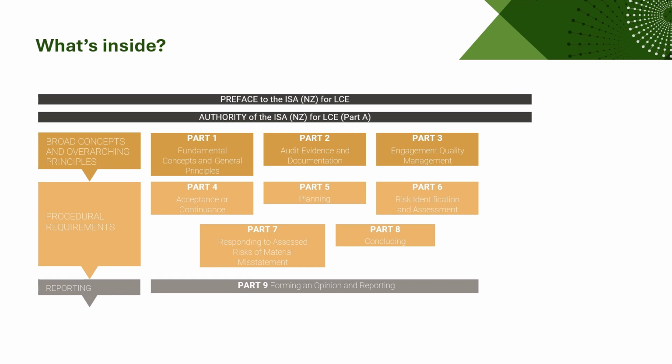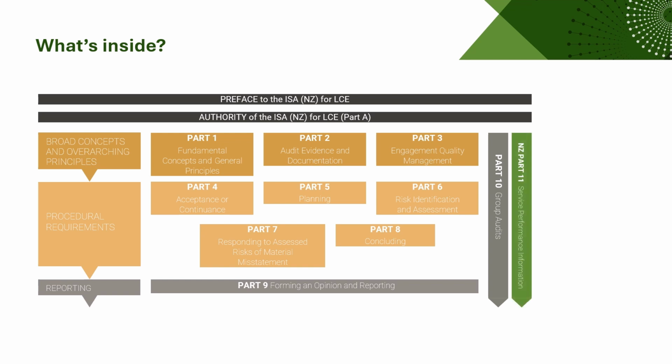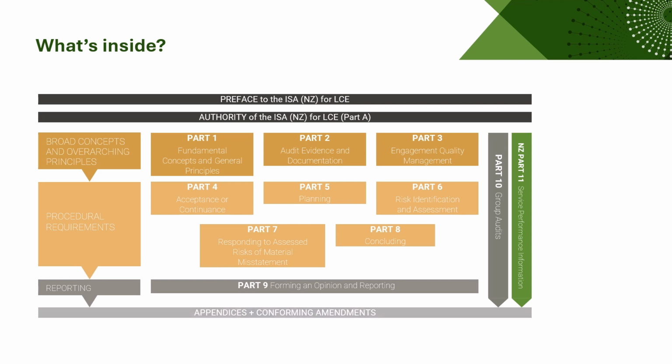Now there are additional requirements applicable solely in the context of an audit of financial statements of a group. That's at Part 10. And when the auditor undertakes the audit of service performance information and possibly entity information, they'll use Part 11 alongside the rest of the ISA for LCE.